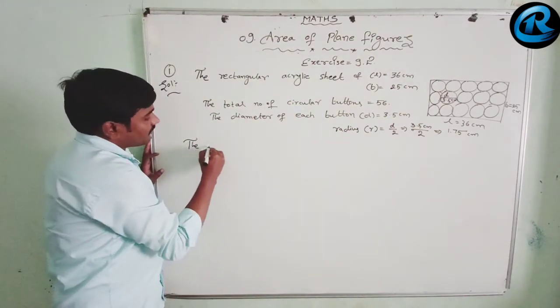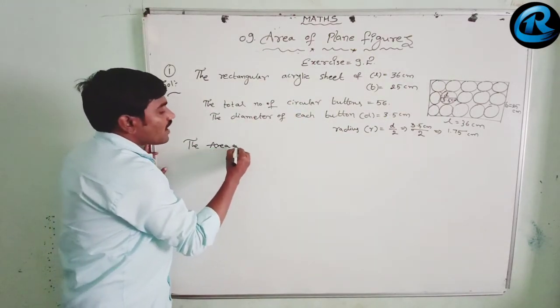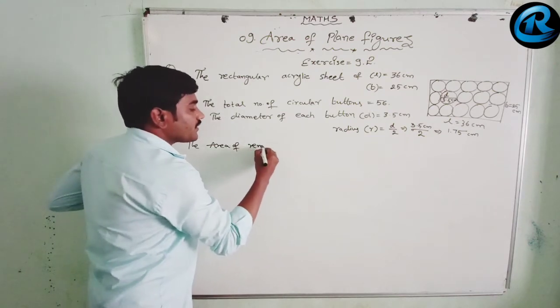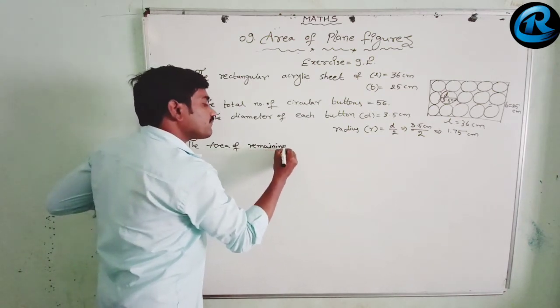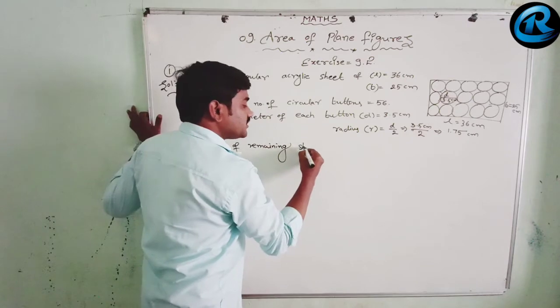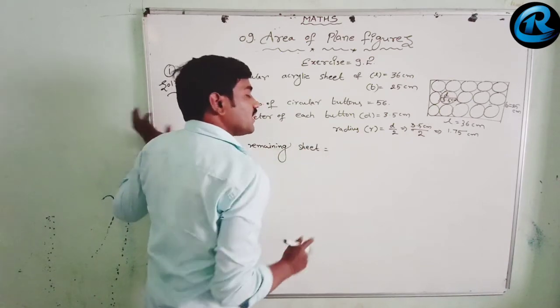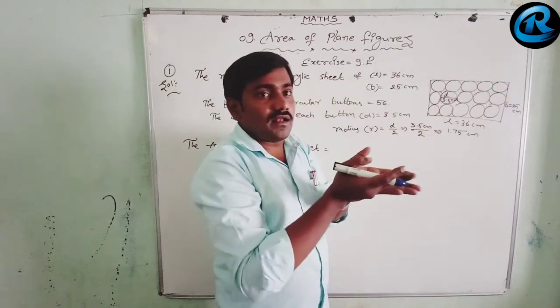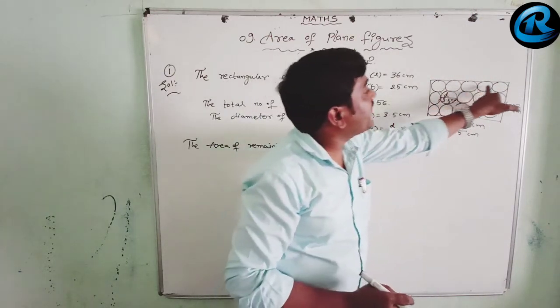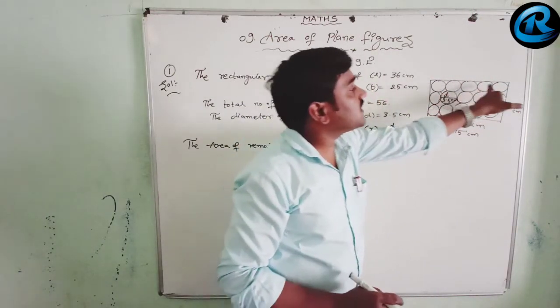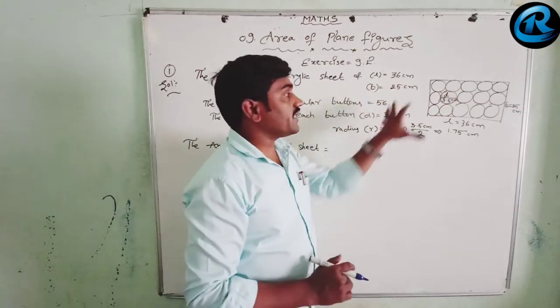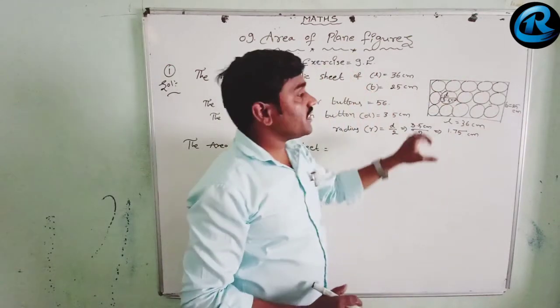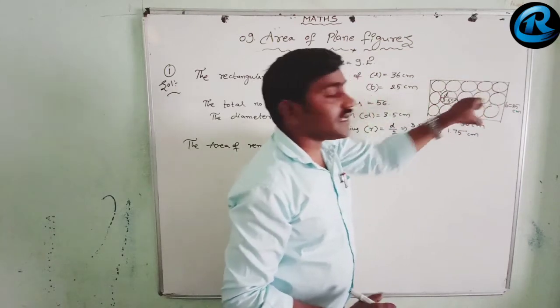The area of the remaining sheet is equal to the area of the rectangle, from which we have to subtract the area of these 56 circular buttons.